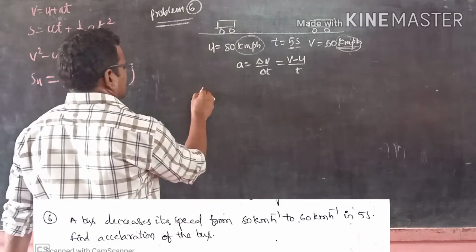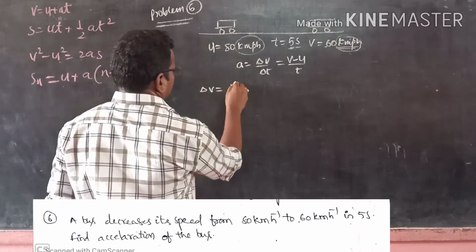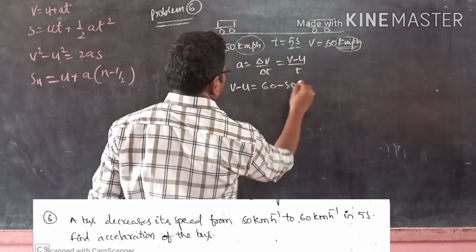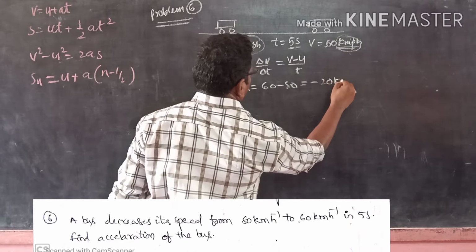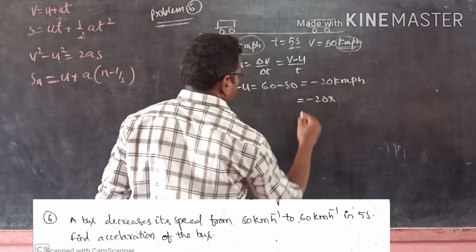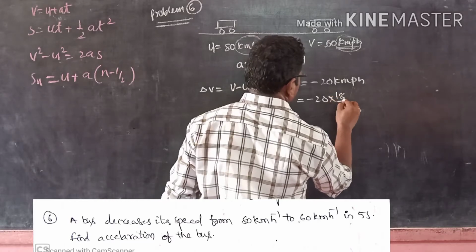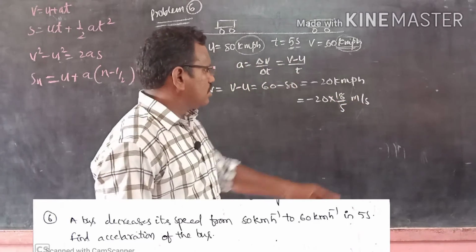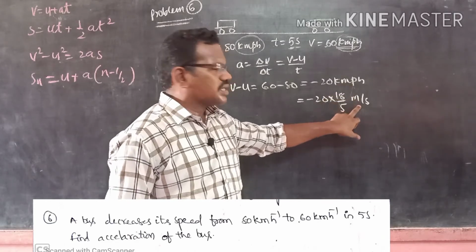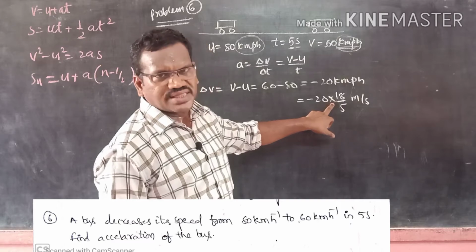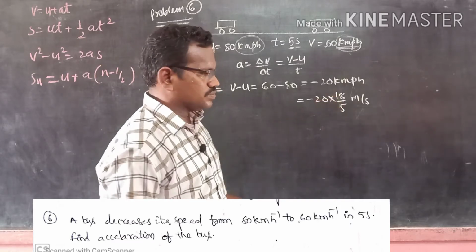Now delta V is equal to V minus U, 60 minus 80, that is nothing but minus 20 km per hour. Now minus 20 into 18 by 5 meter per second. To convert kilometer per hour into meter per second, we should multiply the given value with 18 by 5.